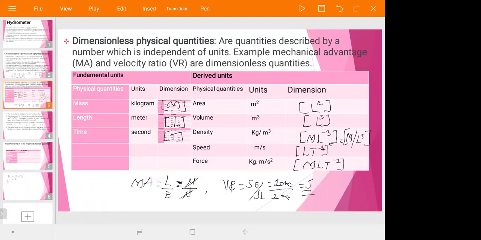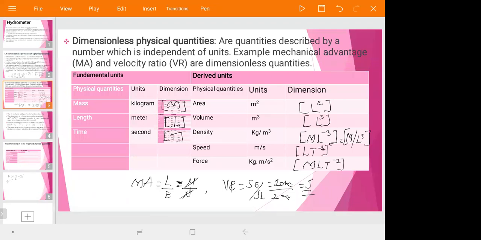For example, L T minus 2 is the dimension of what? L per T square. Yes. Acceleration.